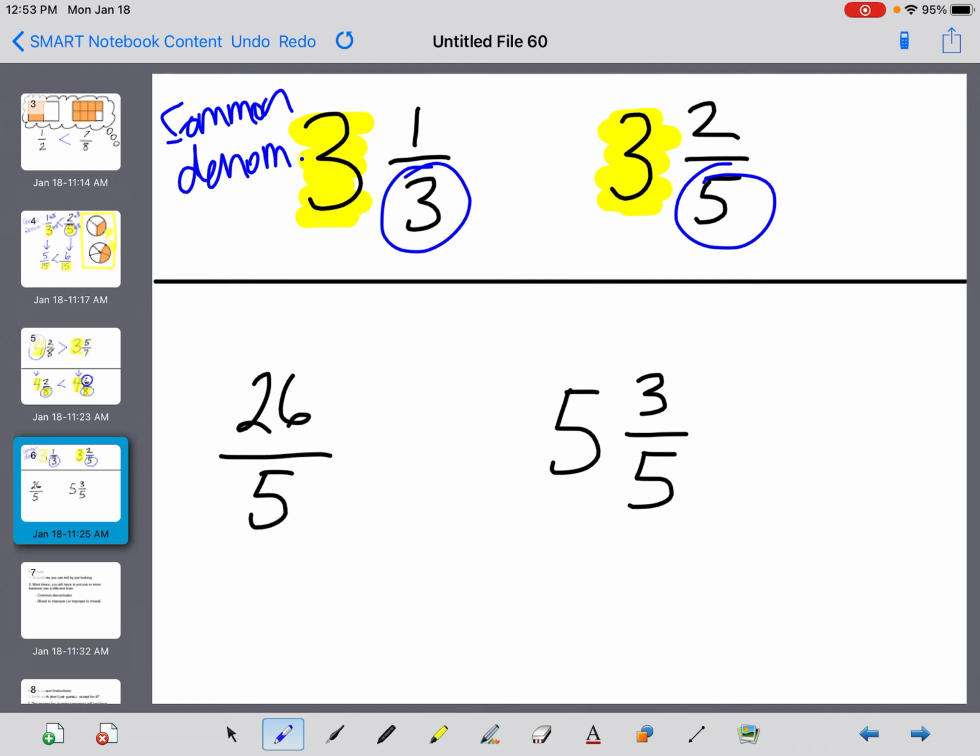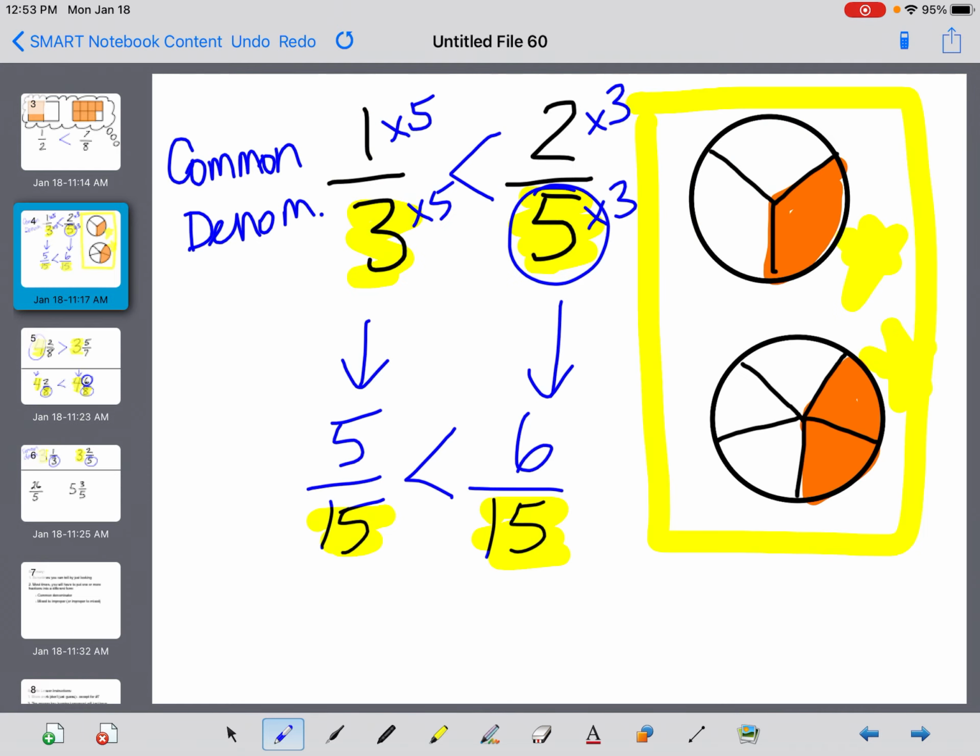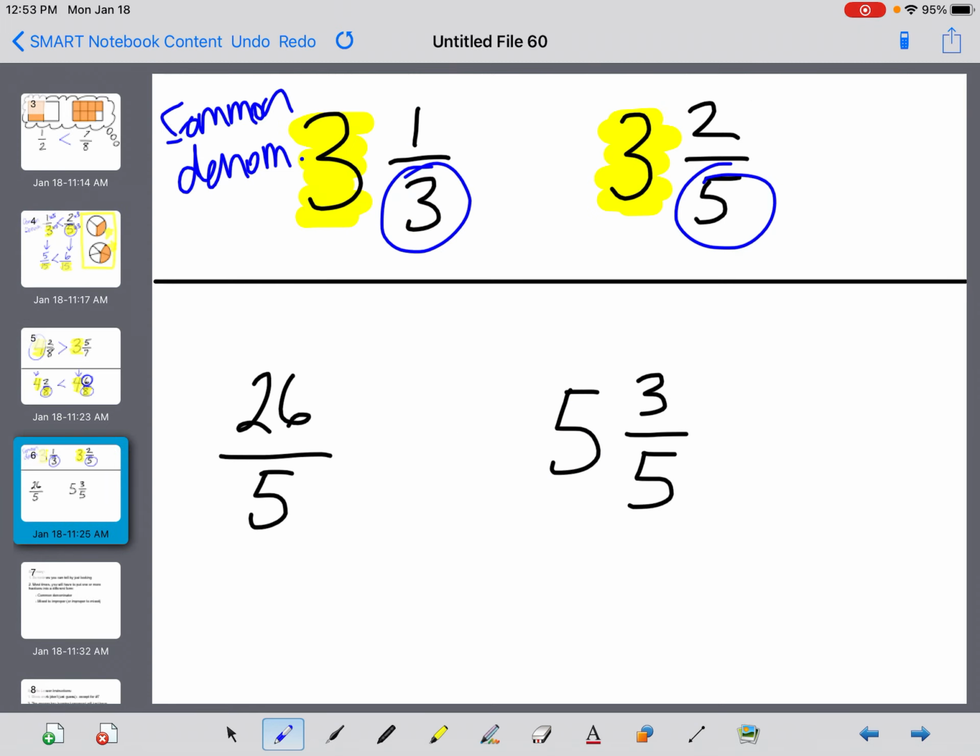Okay, and we already did the math over here, so just imagine that you would have to do the math, and we end up with 5/15 and 6/15, meaning this is the larger mixed number.